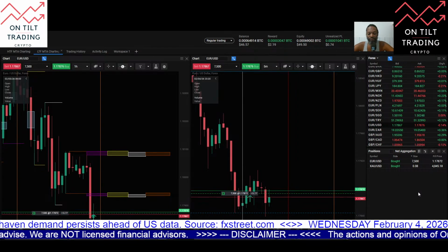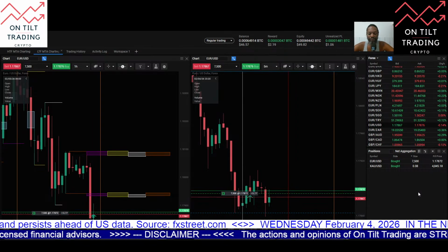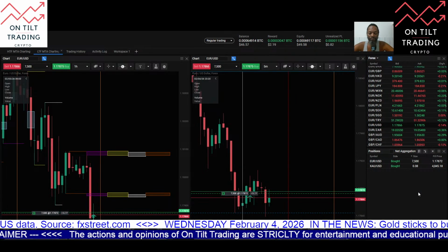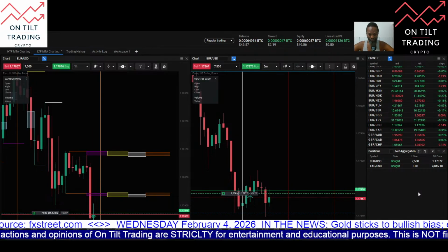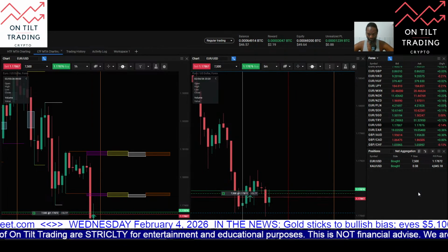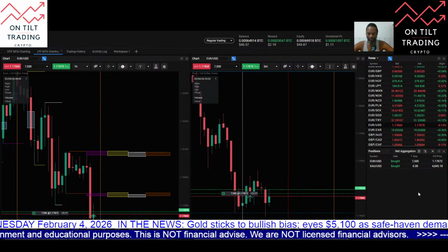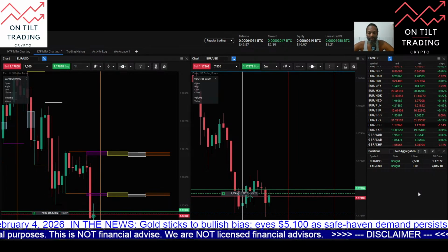Less than 1 minute remaining in the current 5-minute candle. Seeing some buy-side delivery coming in. We'll see if it can hold. 117.870.